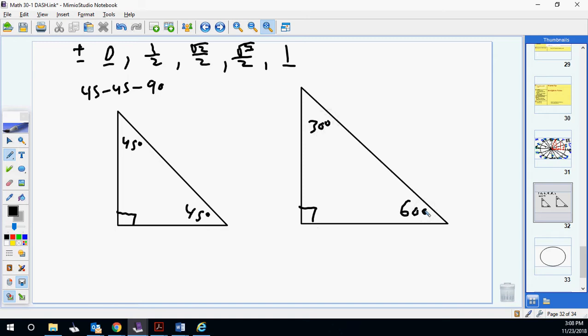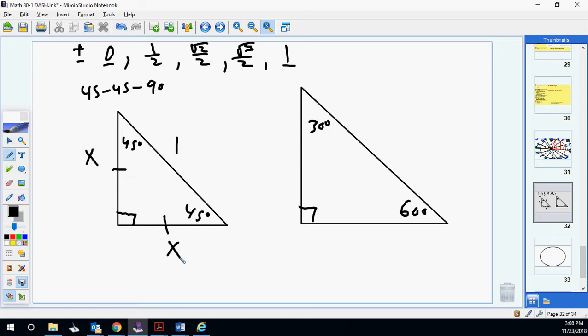Now, with a 45-45, we know those triangles are isosceles, so we know these sides are the same. By knowing that, we know right here, this is the radius for our unit circle. We can solve for these two missing sides, which in this case are x and y, but we're going to treat them both as x because we're just solving for the value right now.